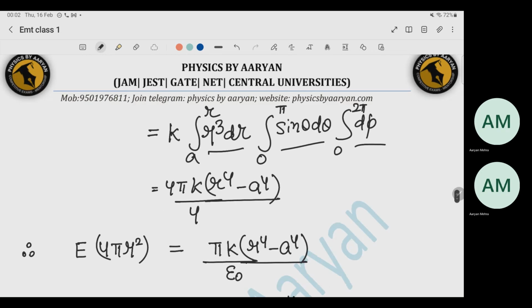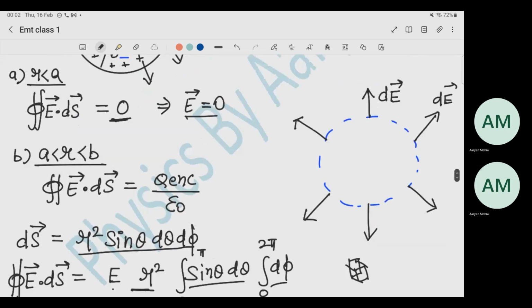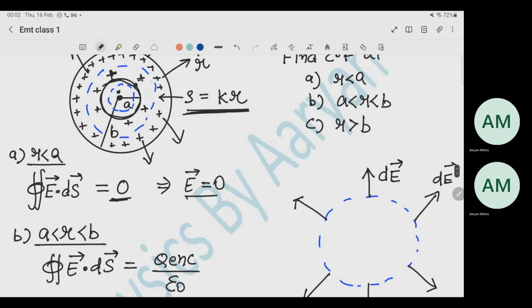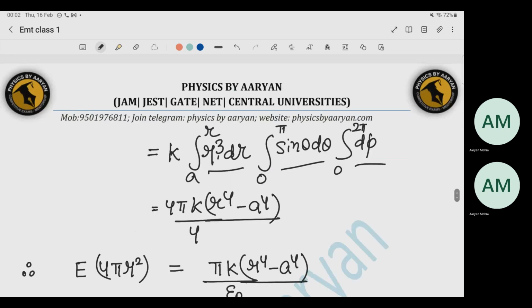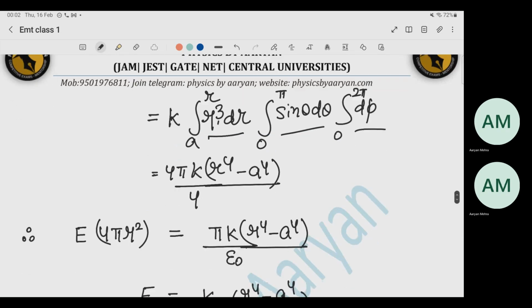And you see, r is changing from a to r, not from 0 to r, because the charge density is only in the region from a to r. Charge density is not present below a, so you have to take the limit of r from a to r, not 0 to r. Similarly, theta goes from 0 to pi, and phi goes from 0 to 2 pi.